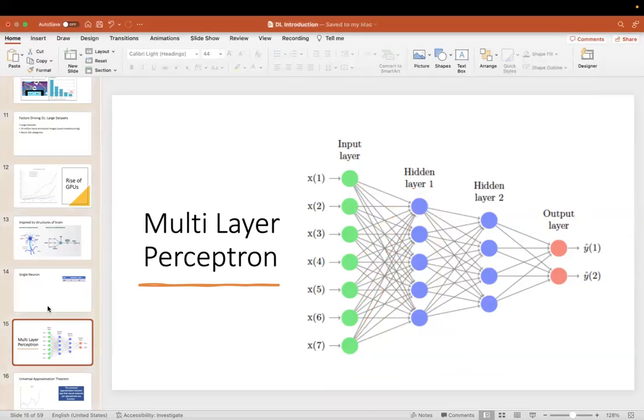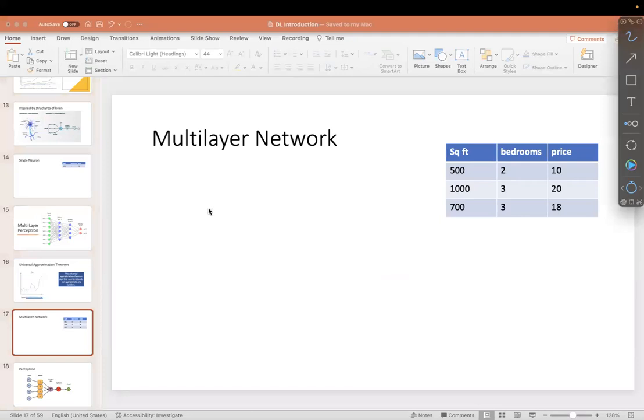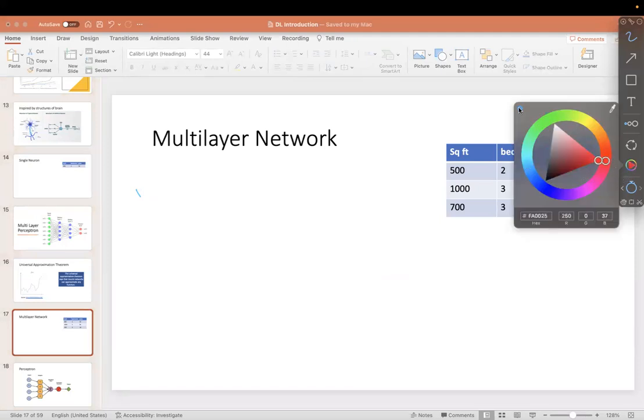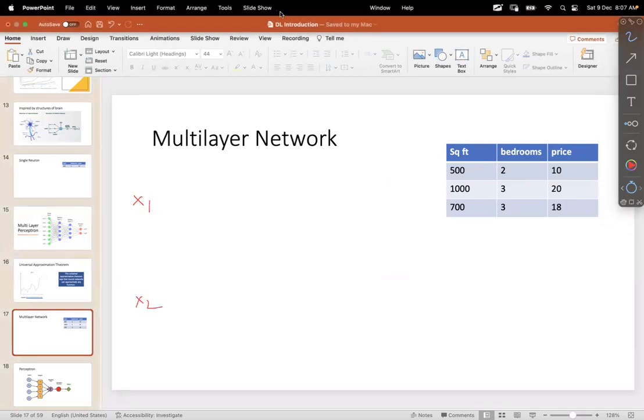Okay, so what I'll do is explain through a simple example now, a little more complex example, and then how this model learns. Take an example where I have two inputs here, X1 and X2.